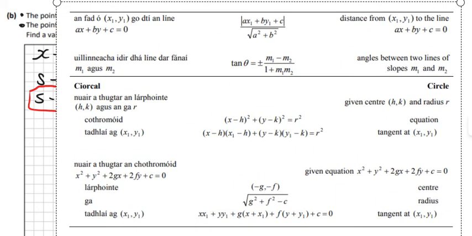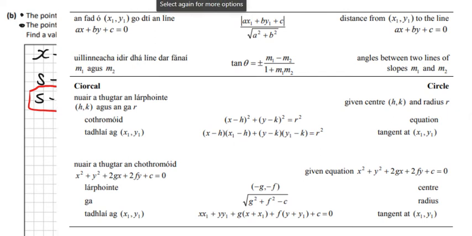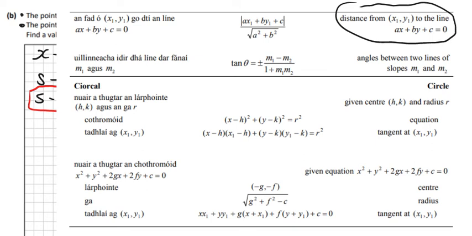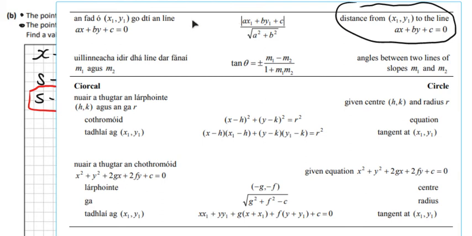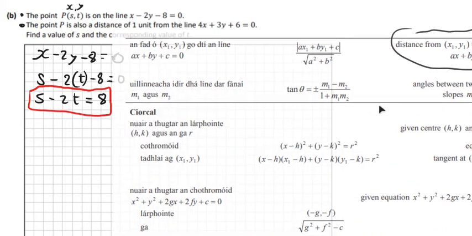Yeah, so if you look at the top bit there, distance from (x1, y1) to the line ax plus by plus c is equal to 0. So we can use that equation.